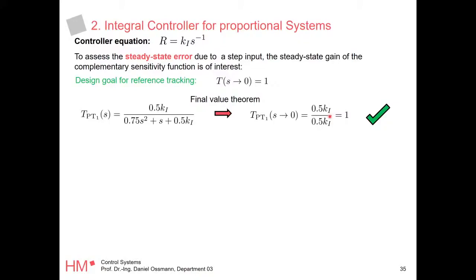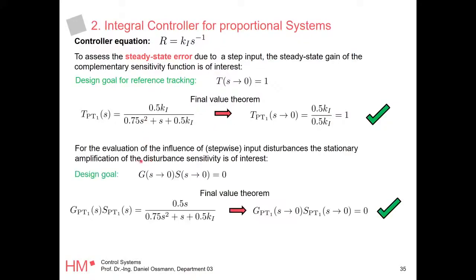So what happens with the disturbances? Okay, let's stick with the PD1 and simply compute the disturbance sensitivity. Remember, we want the disturbance sensitivity to get 0 because we don't want any disturbances influencing our output at steady state. If you compute that transfer function and let s go to 0, you see this is always going to get 0.